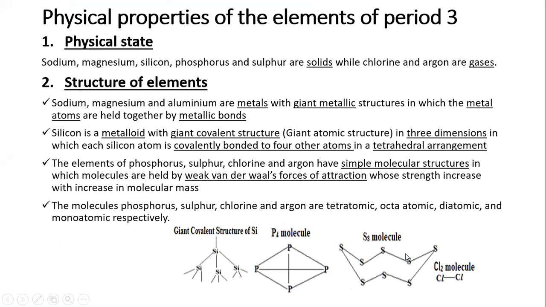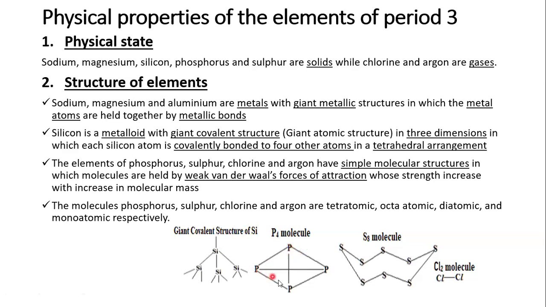So these are the ones here in 2 dimensions. This is the structure of silicon. It is extended, so it is giant covalent. This is the structure of phosphorus.